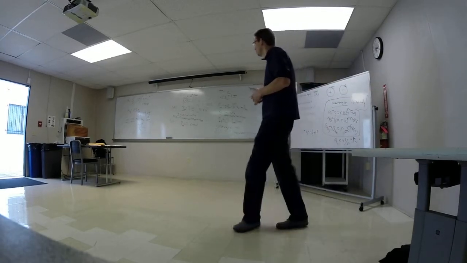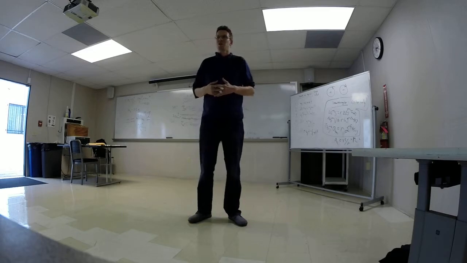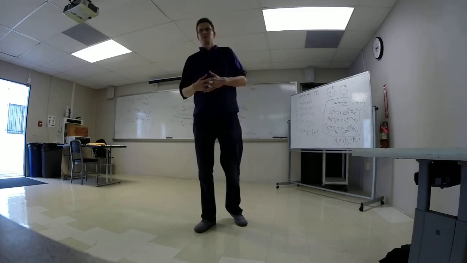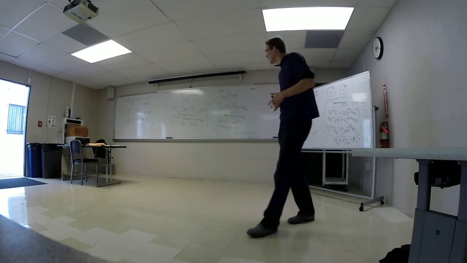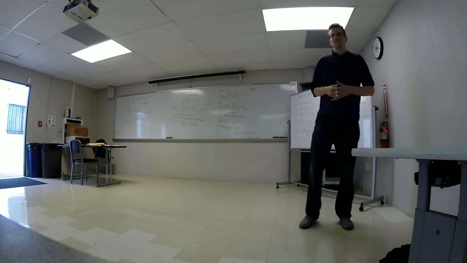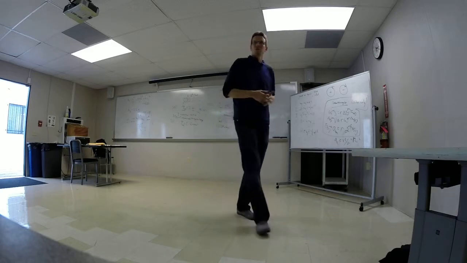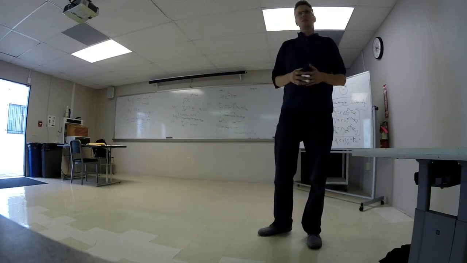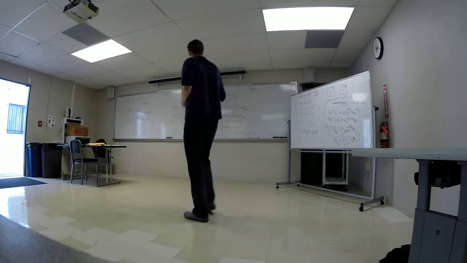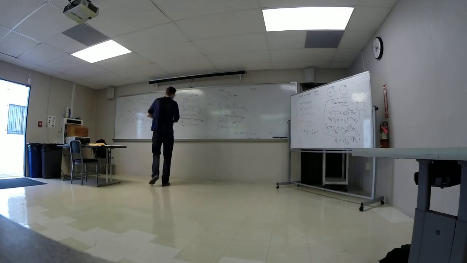I don't need to know how stubborn something is to angular change if I'm not trying to make a change, right? I don't need to know about I if the net torque is 0. If the net torque is 0, I don't get any angular acceleration anyway. So I don't need to know anything about how stubborn it is to that angular influence.